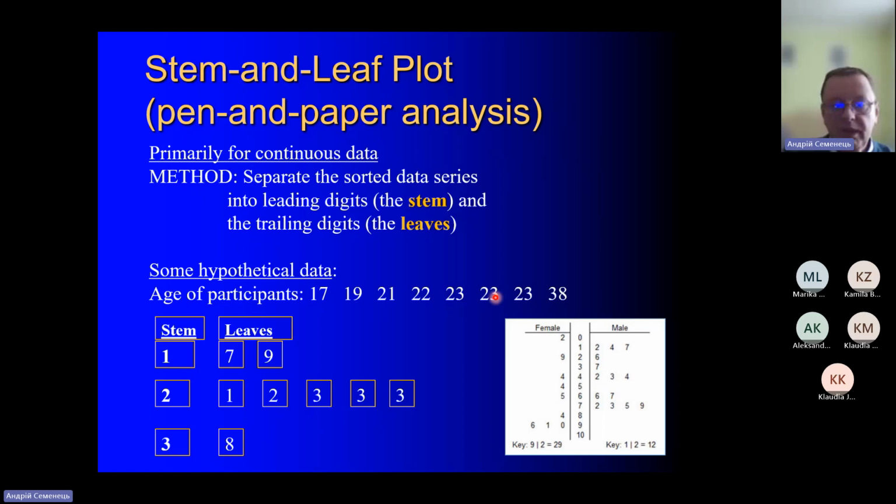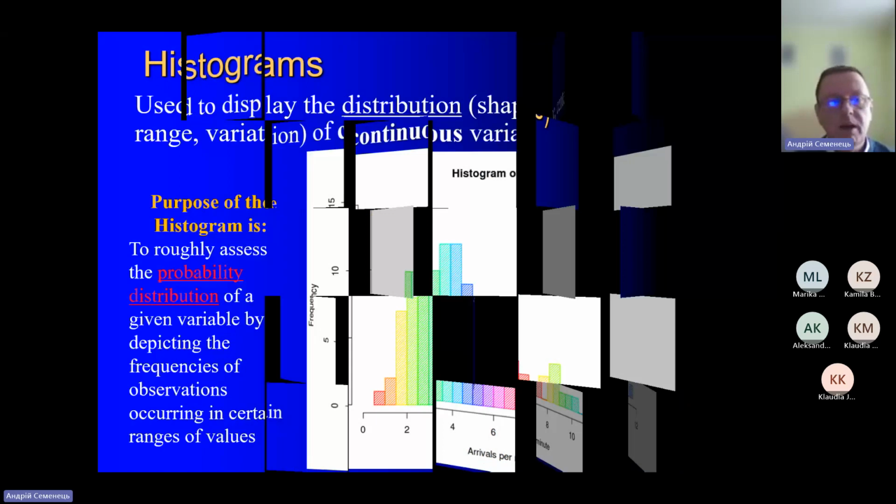So for example, we can denote the age of participants with stem and leaf, or do something similar for male and female and get a kind of statistical distribution in a visual way. In case we have small samples, it's a good way to do it manually.